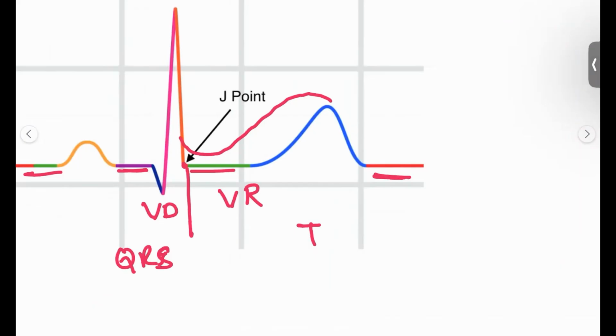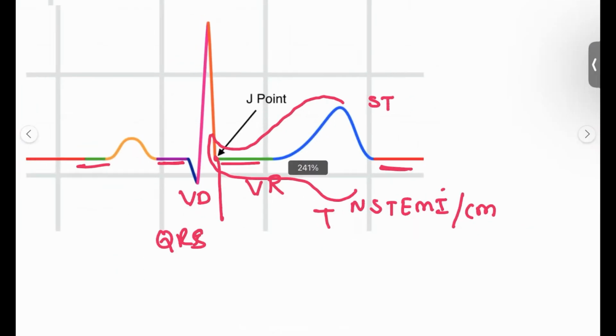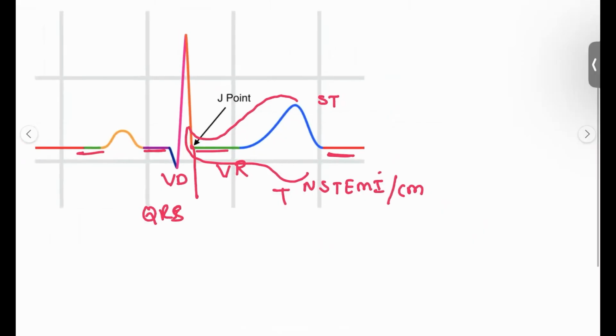That is a significant change. It could be ST elevation, or if there is a depression, then it is NSTEMI, or the patient might have other pathological conditions like cardiomyopathy. So the J point will differentiate whether the pathology is above the junction or below the junction. That's how you can differentiate.